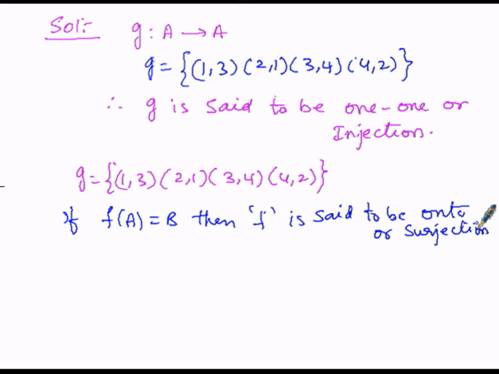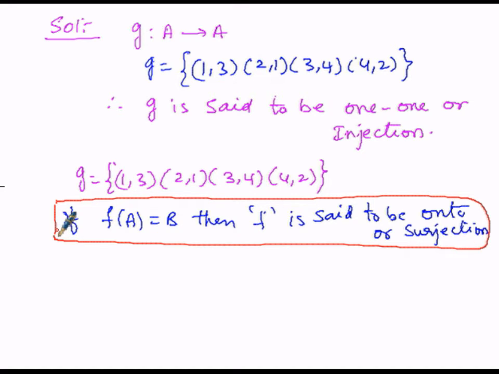So based upon this principle, let us find out f of A. So here the elements of A are 1, 2, 3 and 4, the first coordinates, and the elements of B are 3, 1, 4 and 2. So first of all let us find f of 1, that is the image of 1 is 3, and similarly f of 2 is 1.